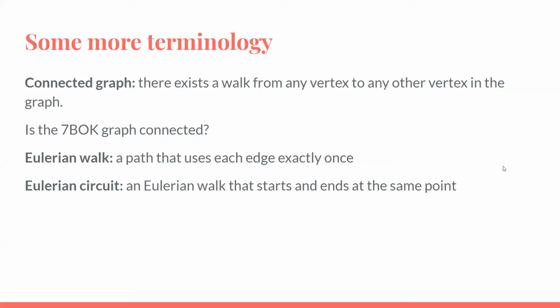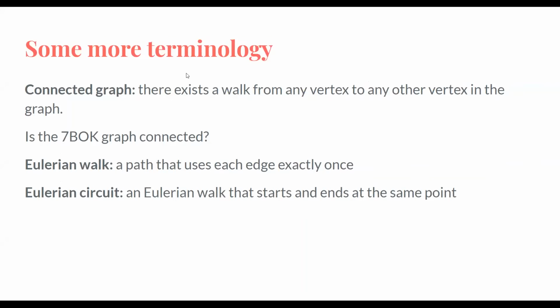All right, just a little bit more terminology. Connected is actually not super important for our class today, but a connected graph basically means that there exists a walk from any vertex to any other vertex in the graph. It's exactly what you think of. You can go from any point in the graph, go along an edge, and go to any other vertex. Our 7 bridges of Königsberg graph is a connected graph.